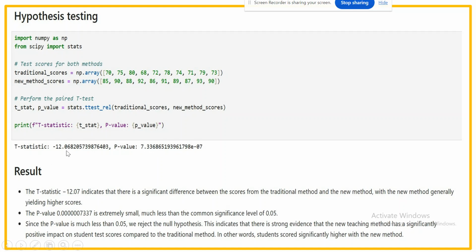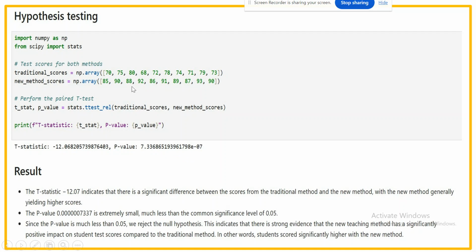If your t-test value is minus 12.06, it indicates that there is a significant difference between these two values, because the difference we calculate is quite high. And the p value is 7.33 multiplied by 10 to the power minus 7, which means that it is less than 0.05. So we will reject the null hypothesis.